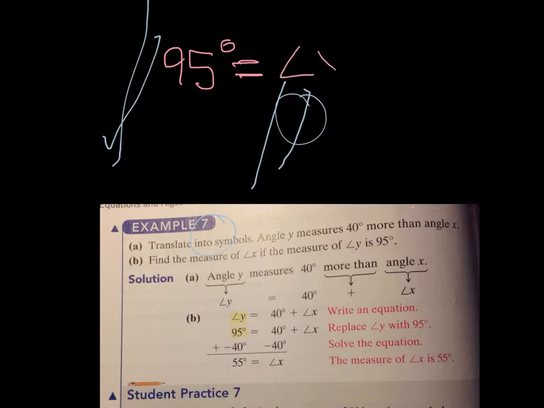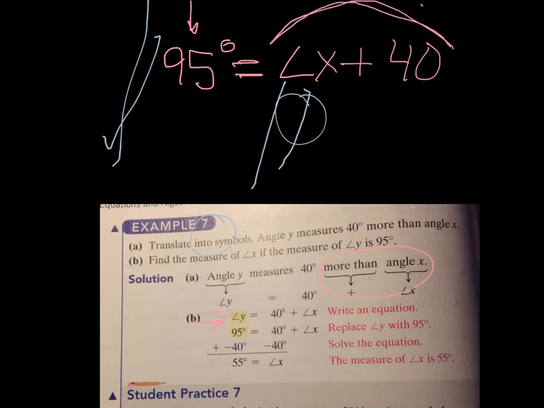So I'm going to do angle x plus 40, which is pretty similar to what they have here. I'm just writing it in its true algebraic translation. So now, this is my angle y, because it told us it is, and this also is angle y in algebra form, because angle y is means equals 40 degrees more than means plus angle x.